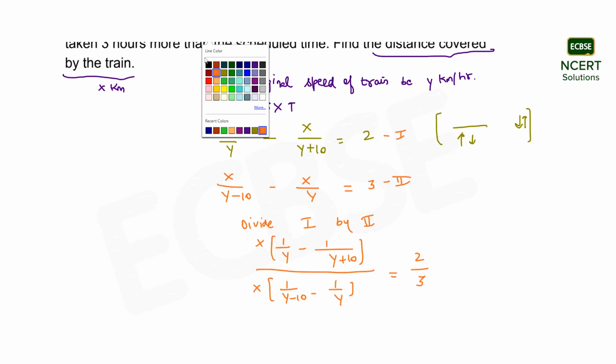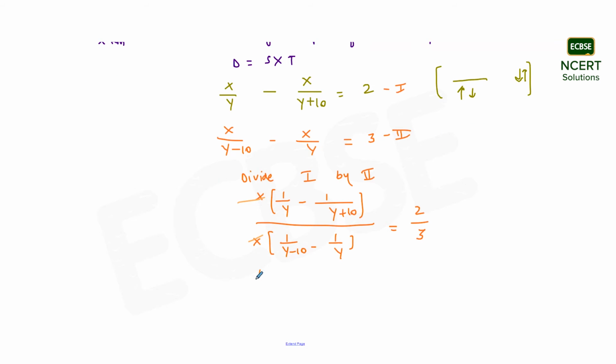Now x and x will cancel out, so we get 1 by y minus 1 by y plus 10 divided by 1 by y minus 10 minus 1 by y, is equal to 2 by 3.